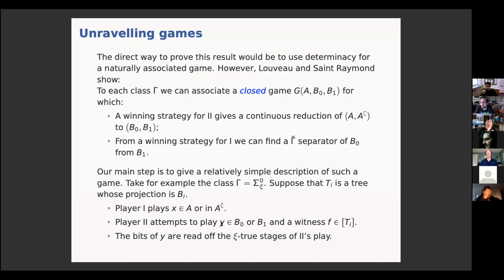And so in our version of the game, player 2 plays a sequence of bits for its Y, but the actual bits that count are the ones that he played in the psi-true stages. And that's how the priority argument works. Right, so that's the elaboration.